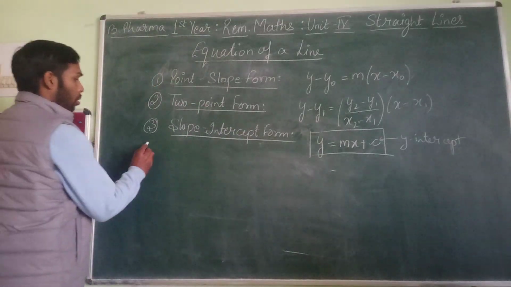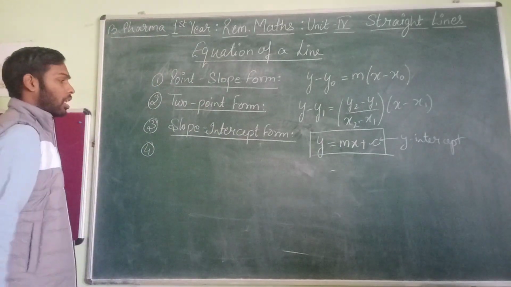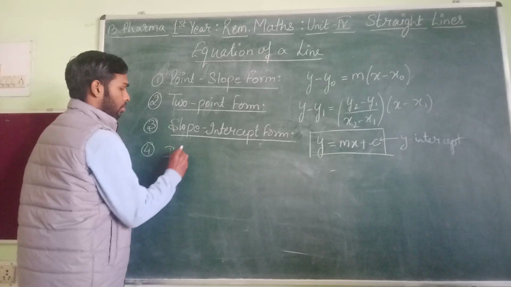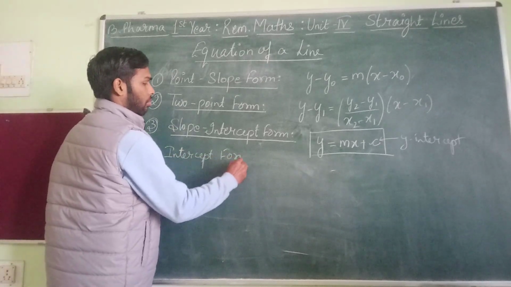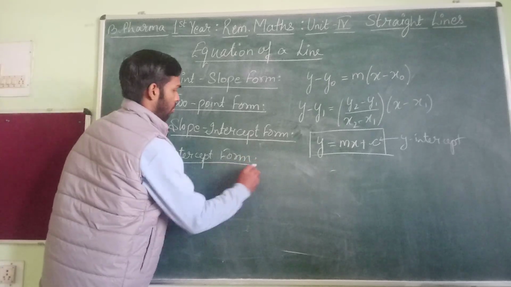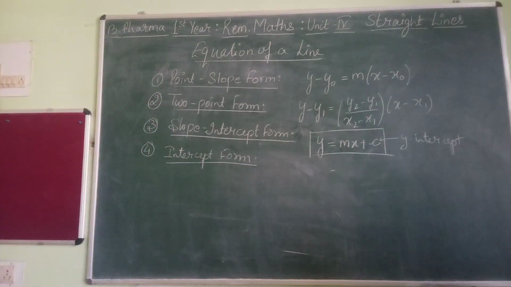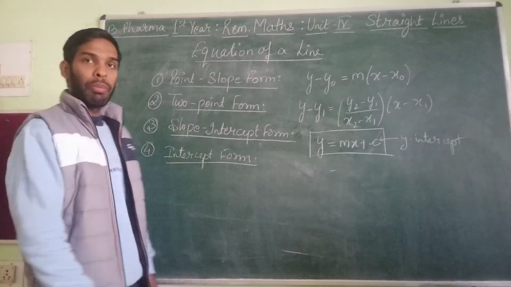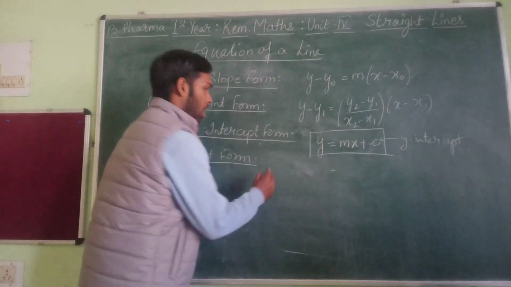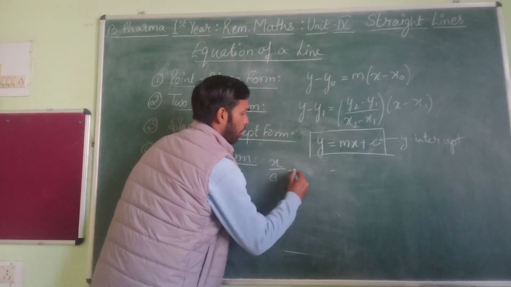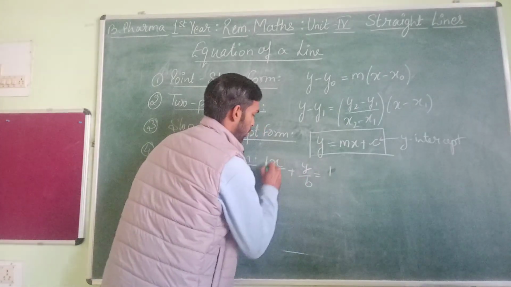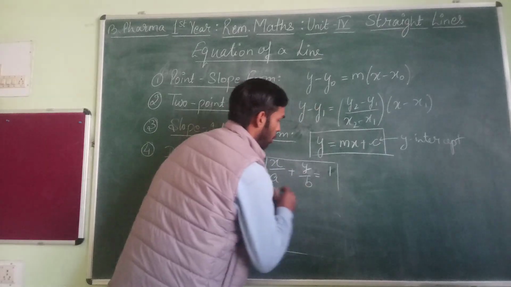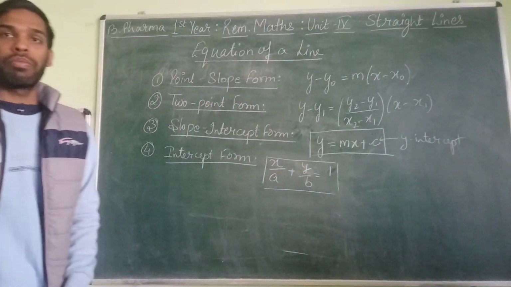So the next form, the fourth, is the intercept form. The fourth form is the intercept form. So the intercept form is x upon a plus y upon b is equal to 1.